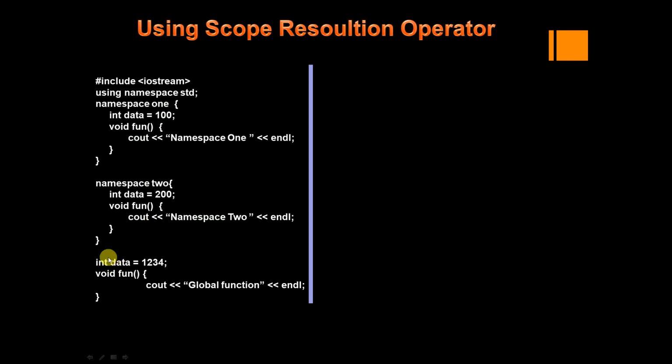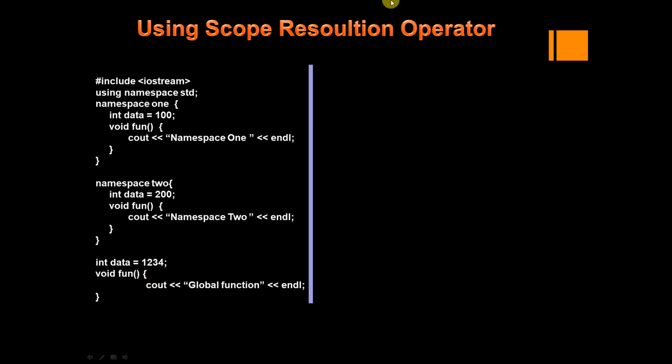At the same time we have one more global data variable. These are not present in any namespace; these are fully global. So this int data is in namespace1, this is also global data but present under namespace2, and this is also global data but present under the unnamed namespace, meaning it is not present in any namespace.